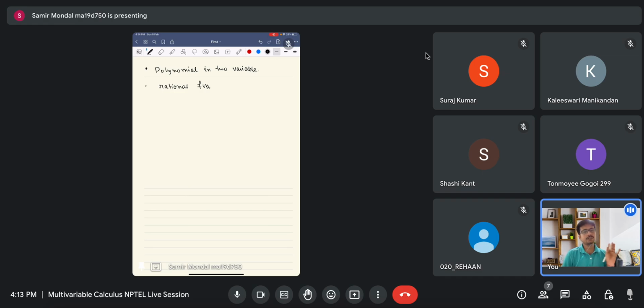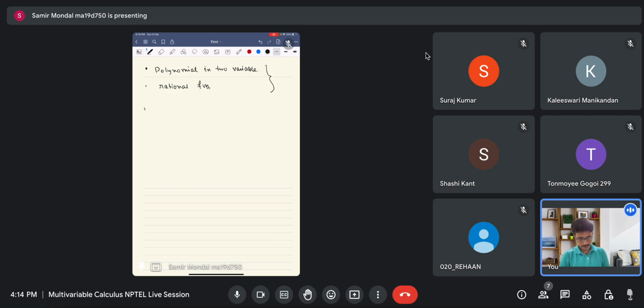It's nothing but a ratio of polynomials. Is it fine? So these two are examples of continuous functions. This is for n variables also, not only for 1, 2. For n variables, these two are very important and basic examples of continuous functions.